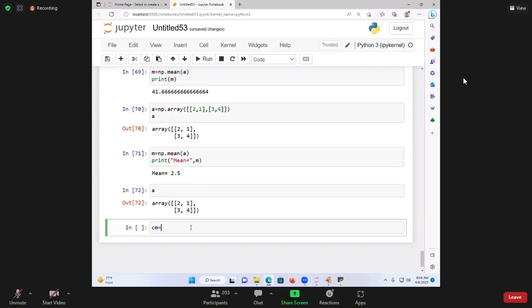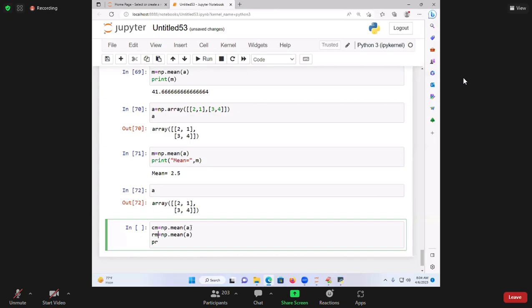So CM, column mean, is equal to NP dot mean of A. RM, row mean, is equal to NP dot mean of A. So axis also, 100% I need to write axis. Axis is equal to 0, comma, axis is equal to 1.